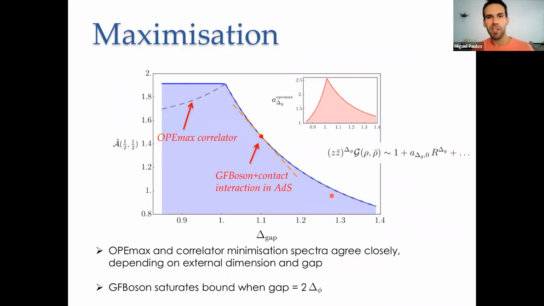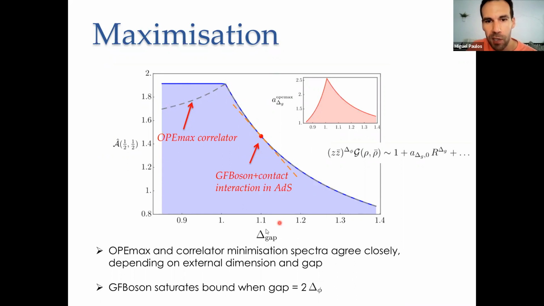Now, maximization. Here this is a plot where I'm fixing delta phi and varying the gap. I'm making a comparison between maximizing the correlator, which is the blue line, and OP maximization, which is the gray dashed line.